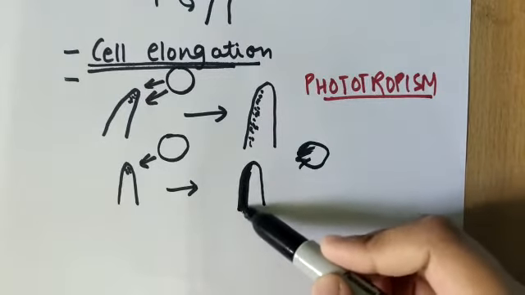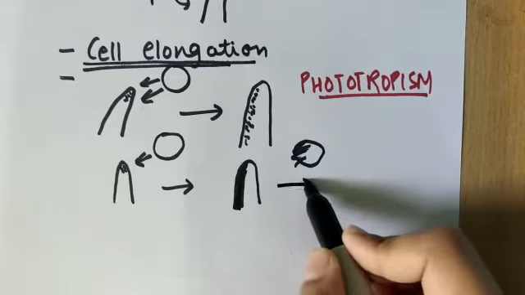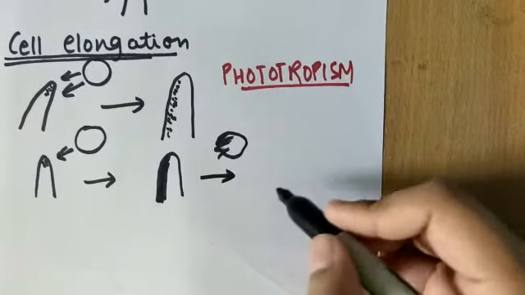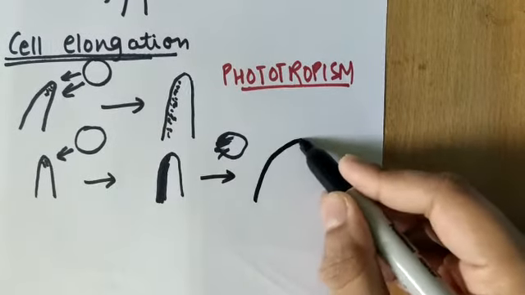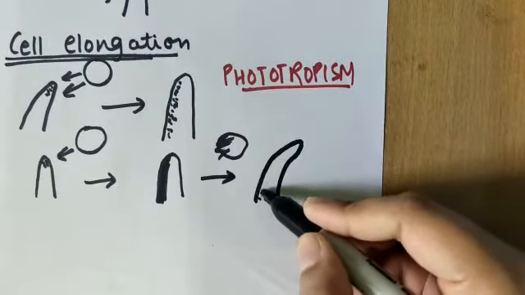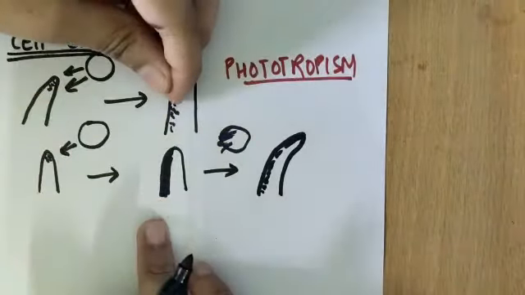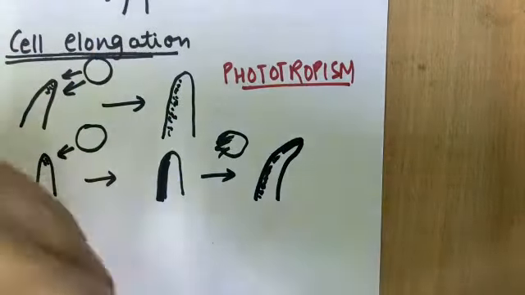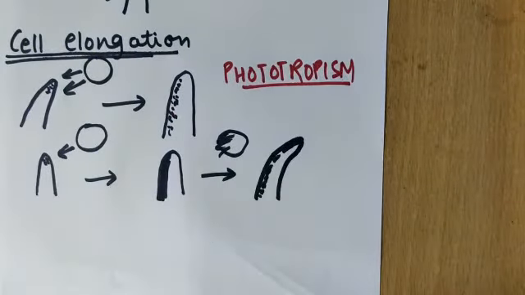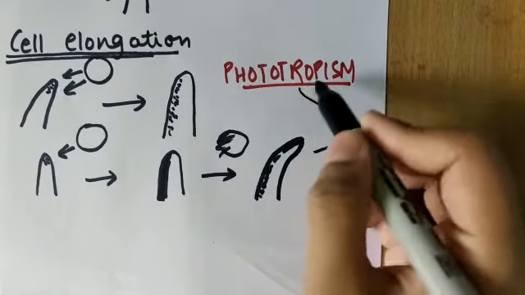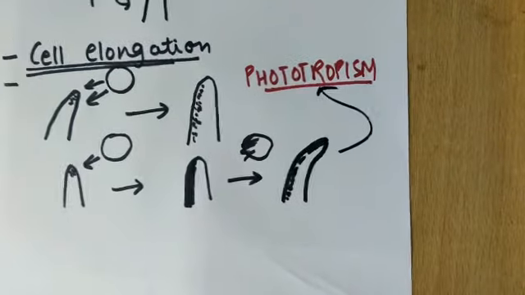Due to that elongation, the plant will move somewhat like this, because the cells elongate over here and these cells go shorter. That's the reason why plants move towards the sunlight, and that is known as phototropism.